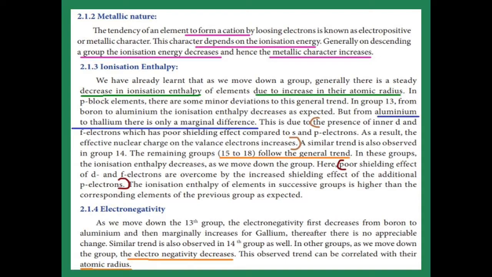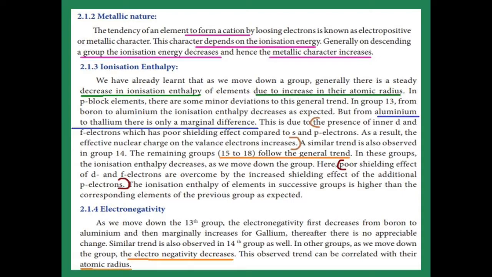In group 13, from aluminum to thallium, there is only a marginal difference in ionization enthalpy because of the presence of inner d and f electrons. They have a poor shielding effect compared to s and p electrons, and this also results in the effective nuclear charge on the valence electron increasing, so aluminum to thallium have only a marginal difference.